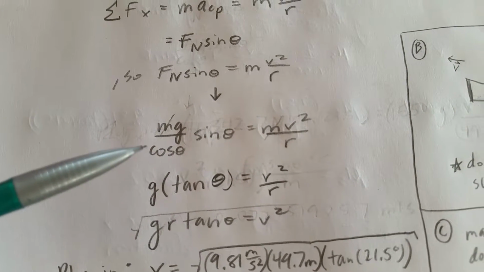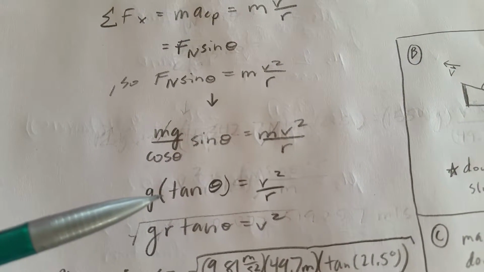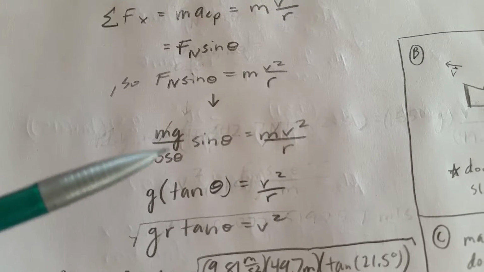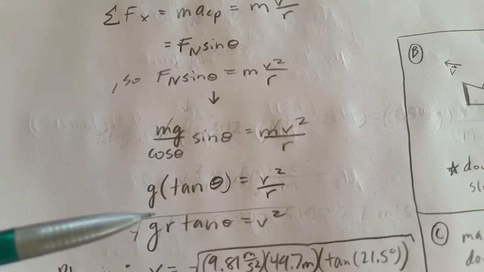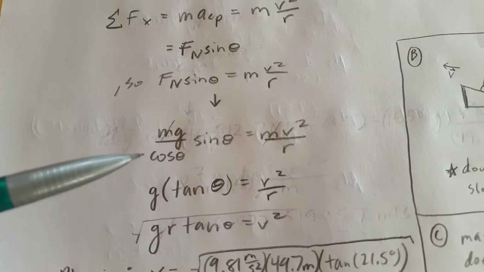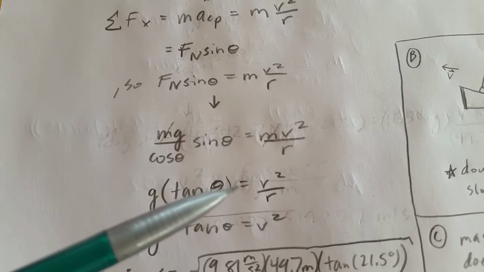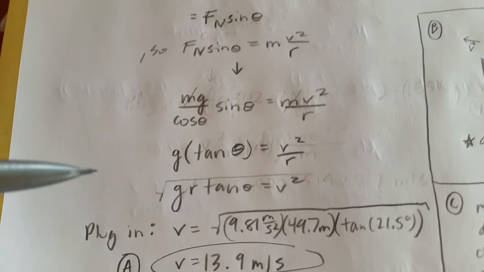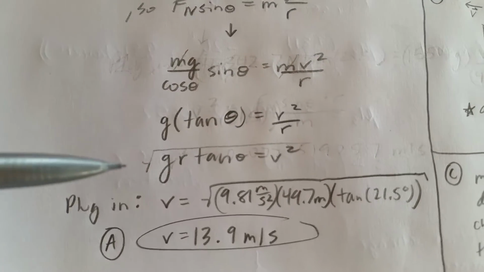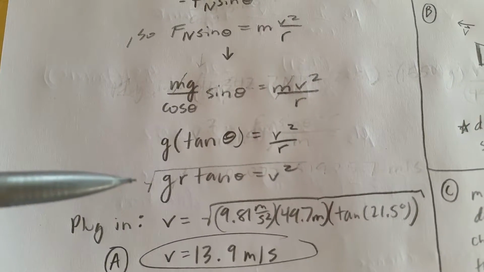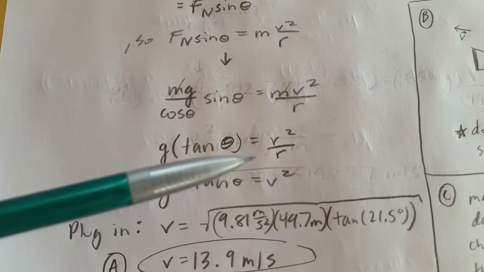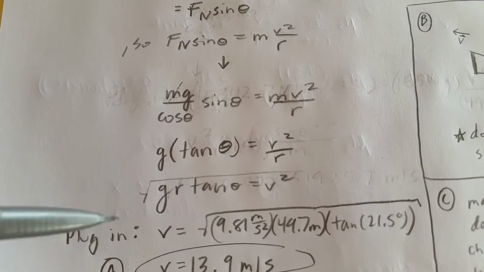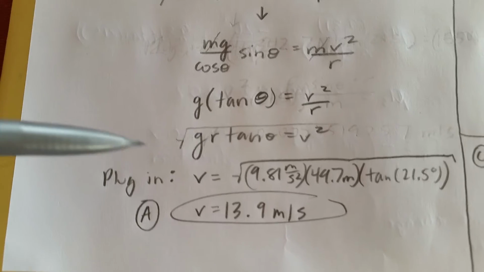So sine over cosine simplifies to tangent, and then you just have gravity in the numerator still. So g times tangent is that simplified down, and since you crossed out the mass you get v squared over r. And then you want velocity, so if you multiply by r onto this side and then square root the whole thing, you get velocity.